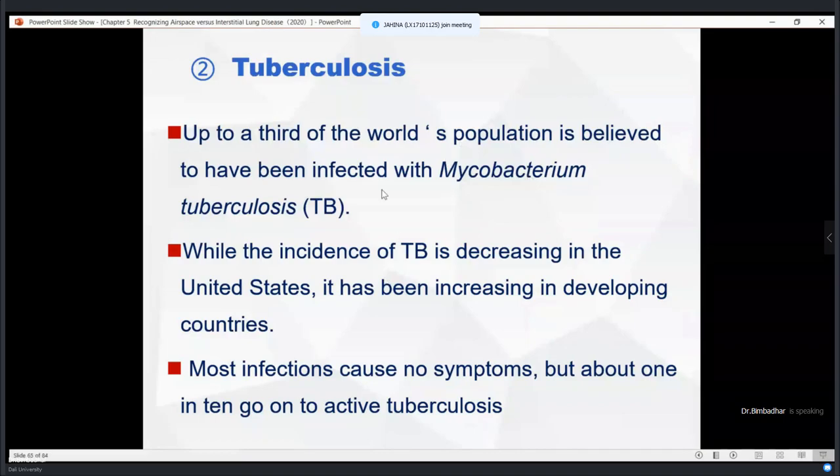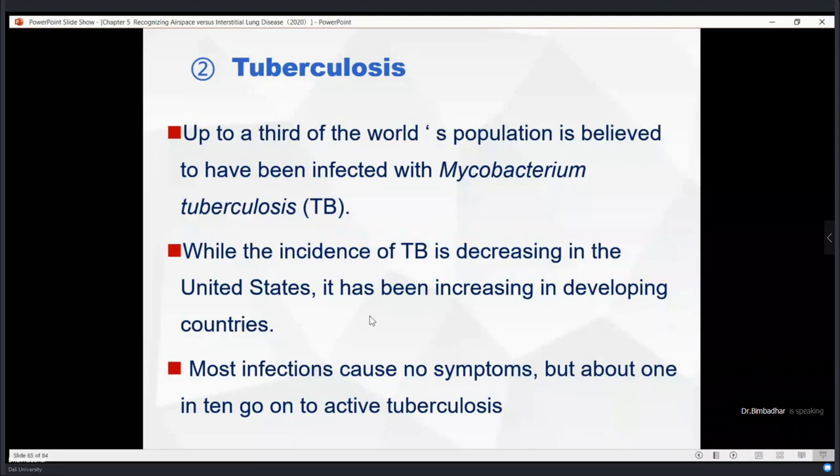While the incidence of TB is decreasing in the United States, it is still vastly present and prevalent in developing countries, especially Africa, India, Philippines, Singapore, and Malaysia, which have high cases of tuberculosis. Remember, most infections have no symptoms, but 1 in 10 patients go down into active tuberculosis.